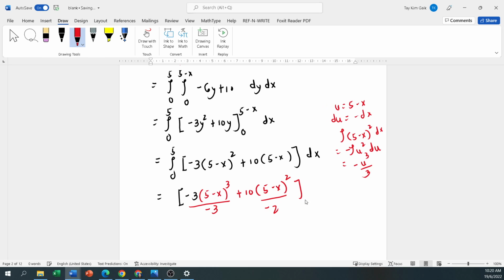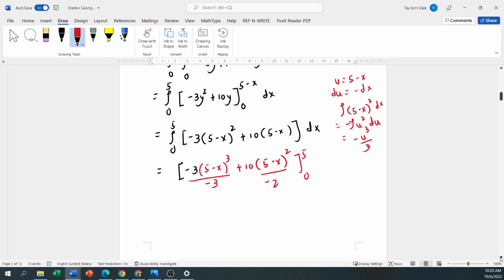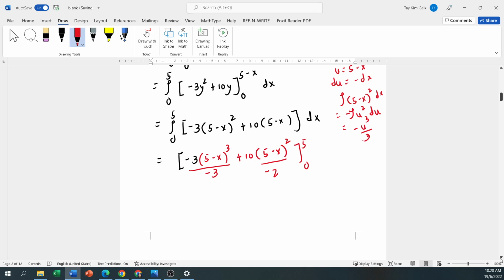And then limit from 0 to 5. So this one, negative 3, 3 cancel. When you plug in the upper limit, 5 minus 5, we have 0. Here 5 minus 5 also means everything 0.